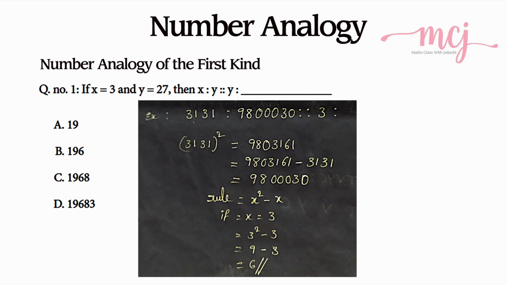Hence, 27 cubed is the number that we are looking for. Using the calculator, we see that 27 cubed is equal to 19,683. In many bank exams, they will not provide the calculator, so it is your responsibility to learn the squares, cubes, all of them.